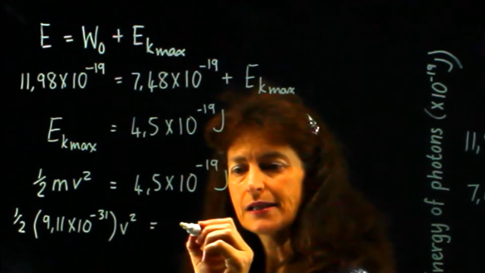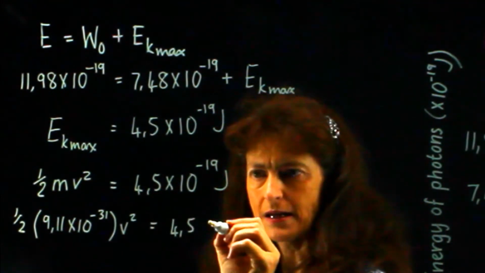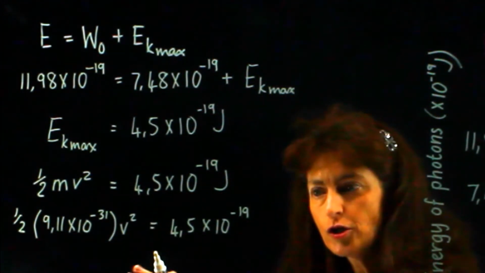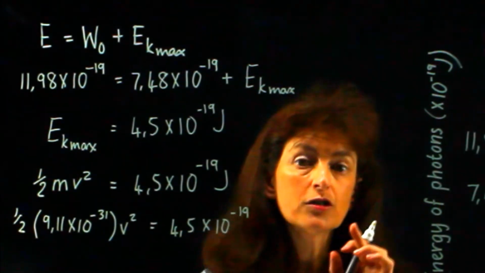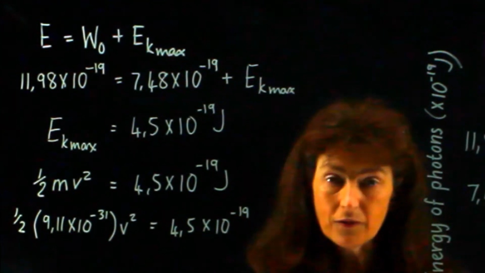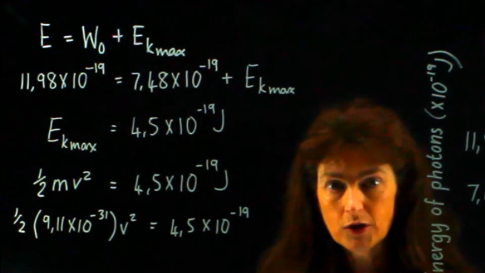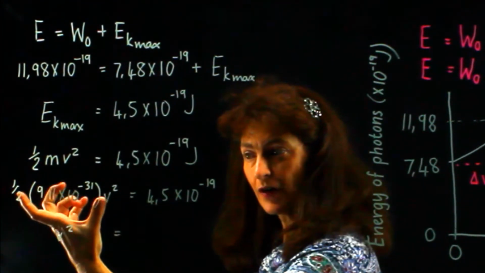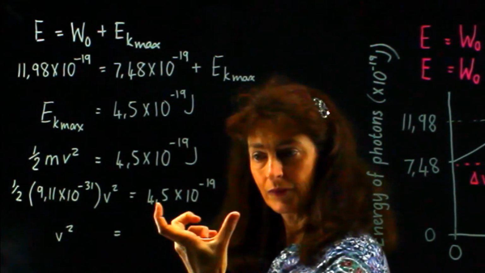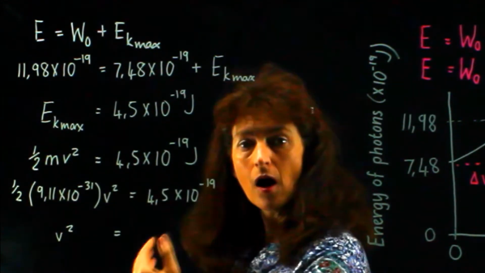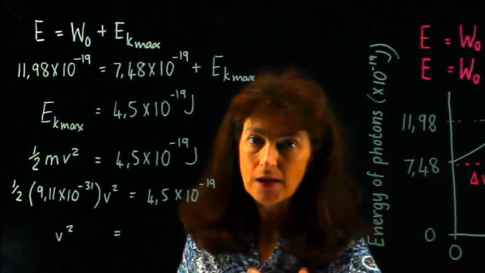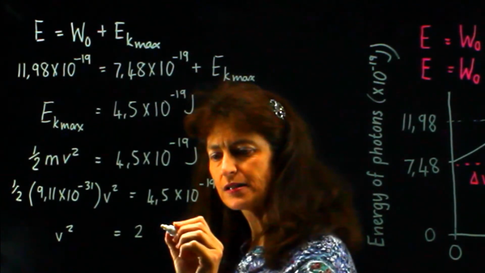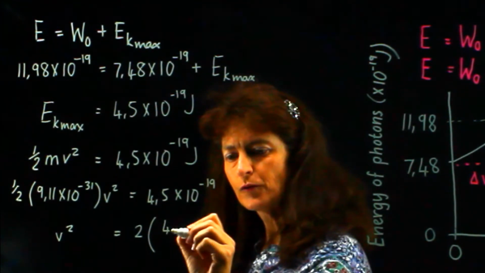Now we just need to do some algebra to solve for V squared. Notice we don't need to solve for V because we're trying to find x, which is V squared. V squared is equal to this number divided by this. And when we divide by a half, it's the same as multiplying by 2.